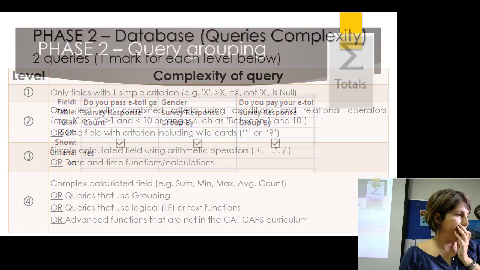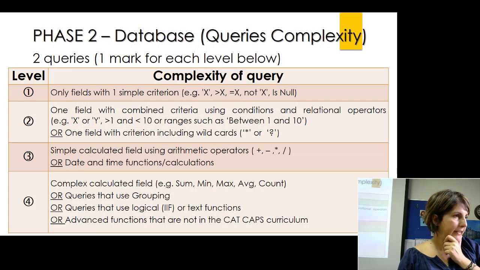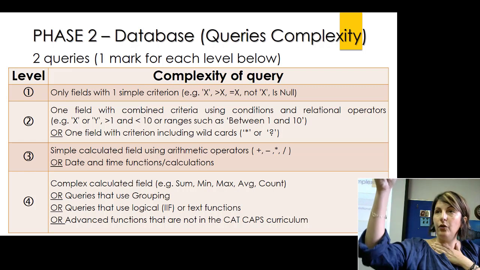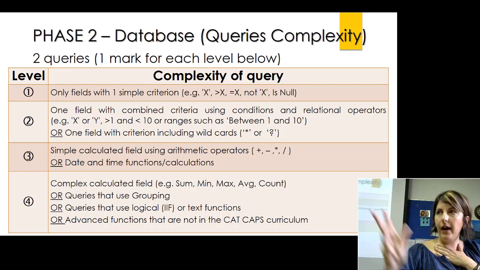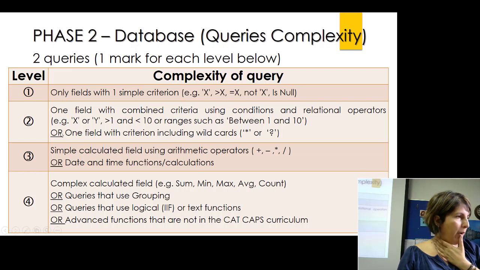Okay? Marks, simple criteria. Again, same story as Excel. 1 mark for each level. Alright? So, be aware of the ORs. In this case, it's a combined criteria between conditions and relational operators, like the between, or one field with a criterion including wildcards.